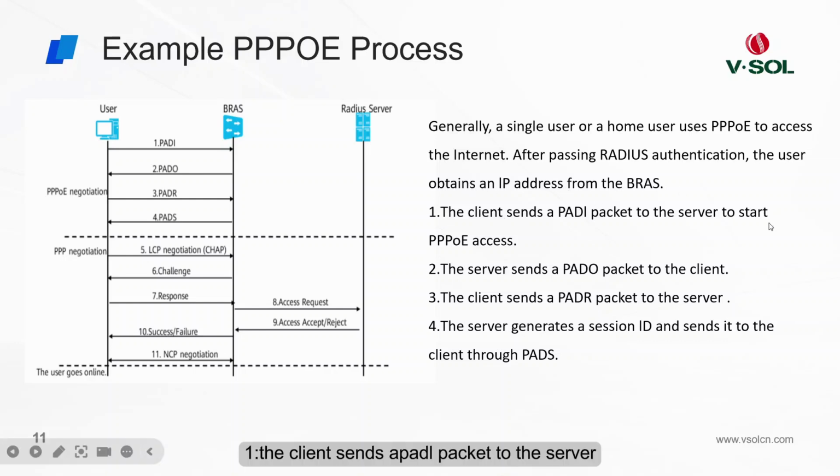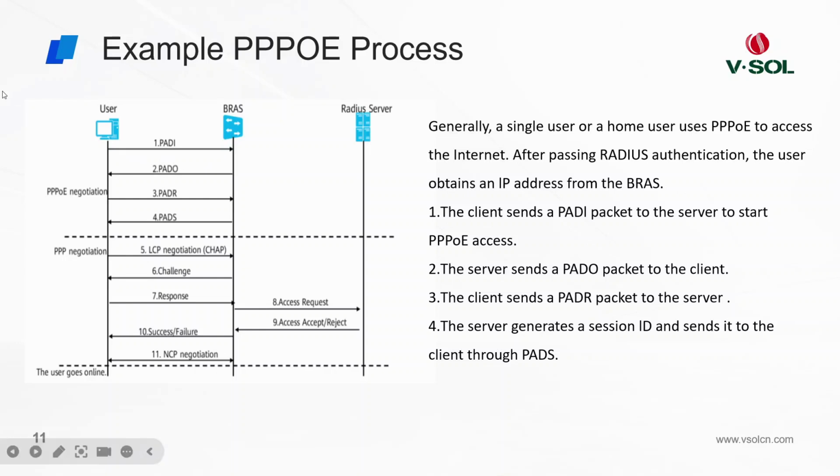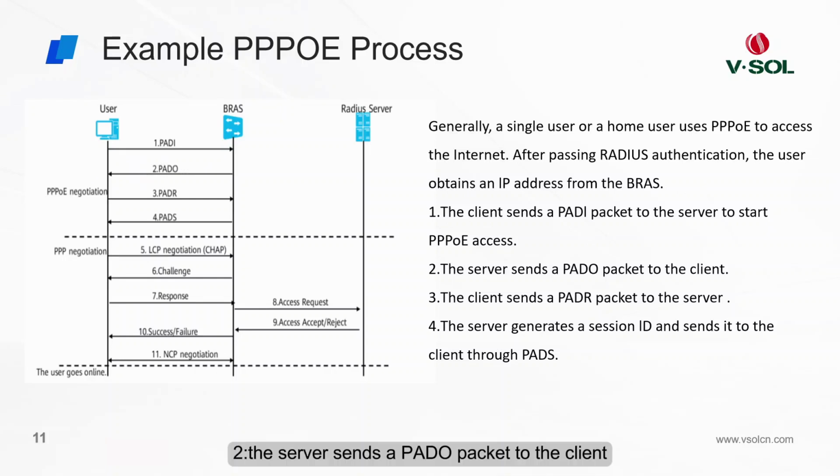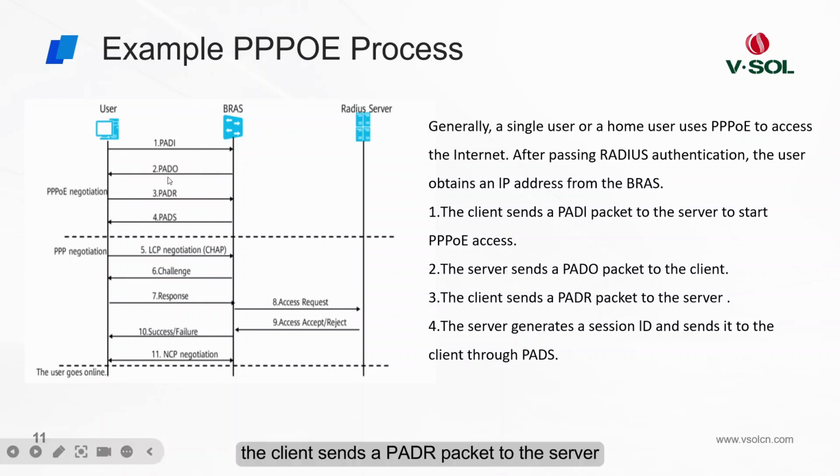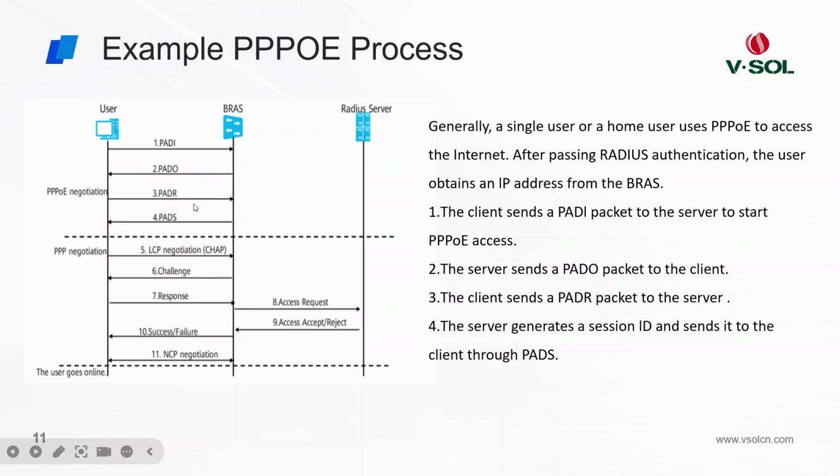The client sends a PADI packet to the server to start PPPoE access. 2. The server sends a PADO packet to the client. 3. The client sends a PADR packet to the server. 4. The server generates a session ID and sends it to the client through PADS.